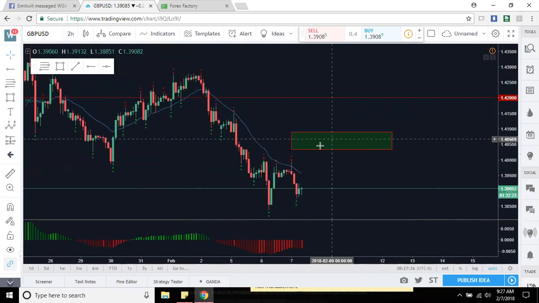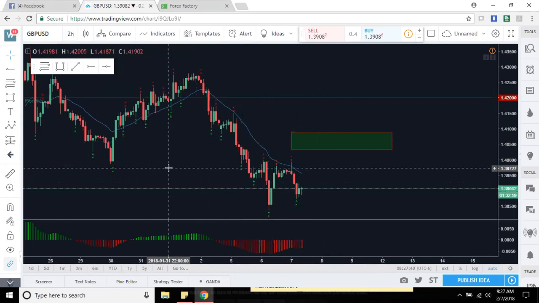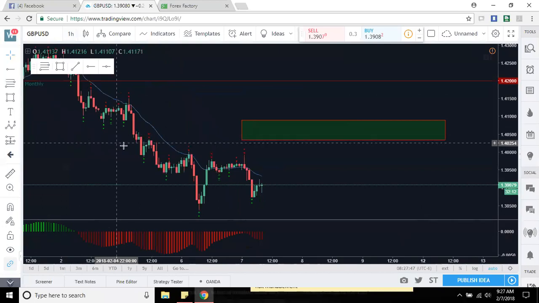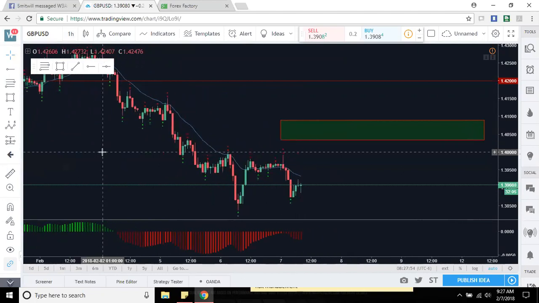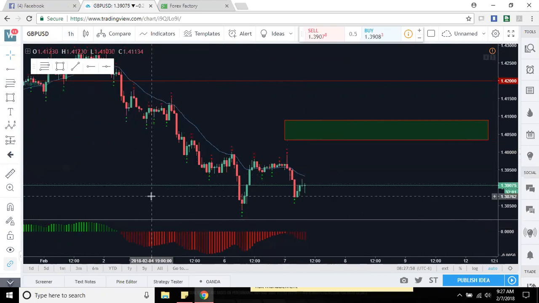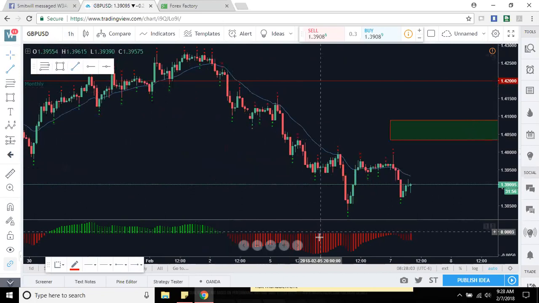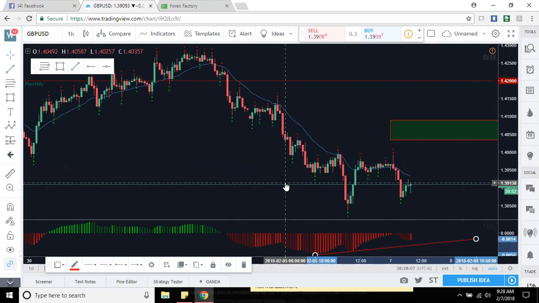But I am short, but my short's probably not going to come until this area. Another thing is while I'm waiting for this pullback to happen, I know it's going to pop up because of divergence on my MACD. I haven't gone over this with you guys yet, but it's something that's going to be coming.